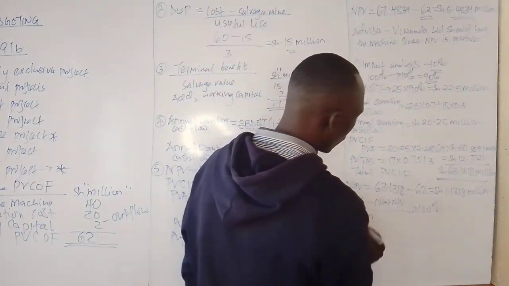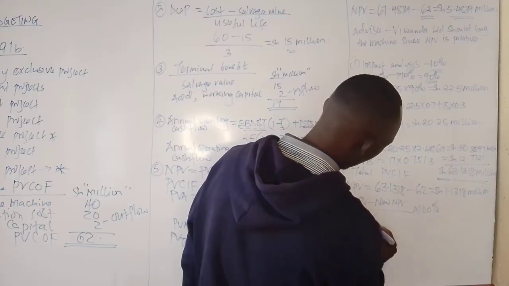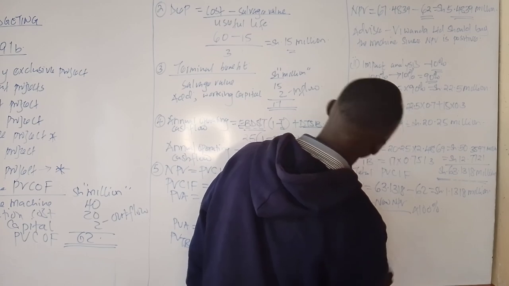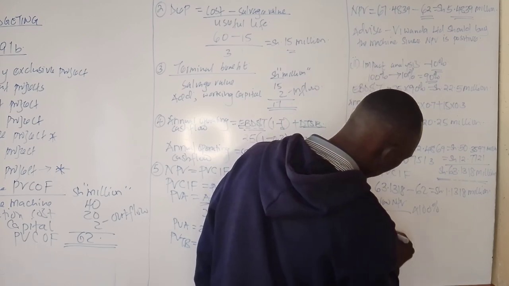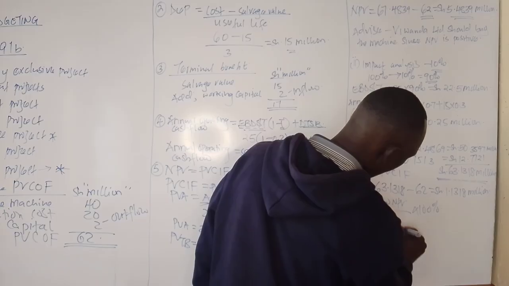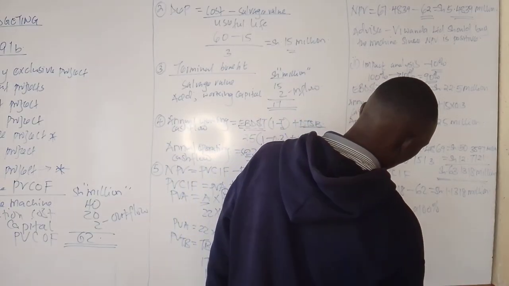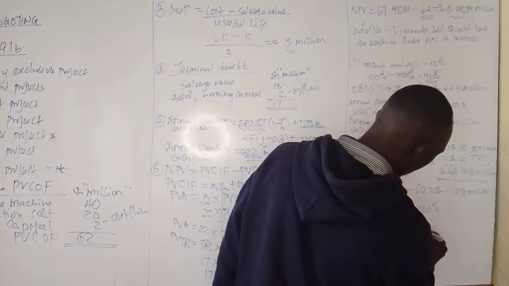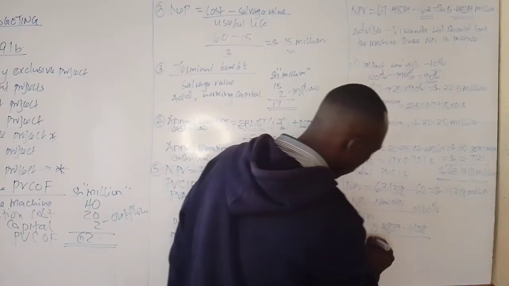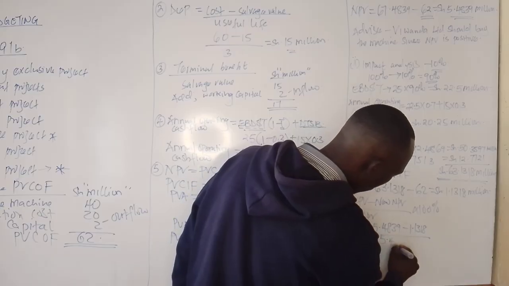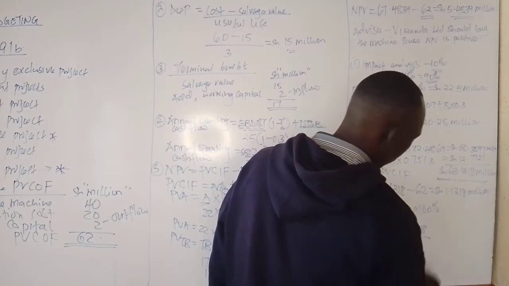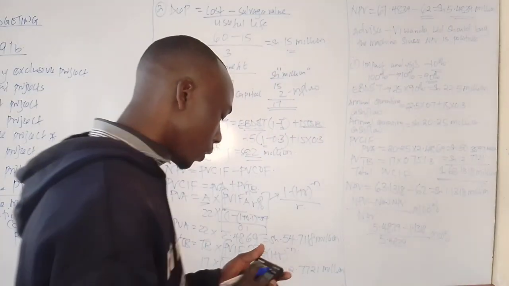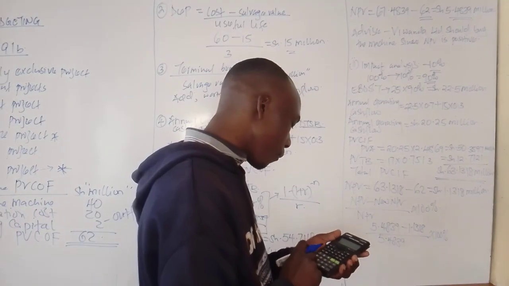So our NPV initially was how much? Our NPV initially was 5.4839. Then we subtract our NPV 1.1318. Then you divide by 5.4839. Then you multiply by 100%.